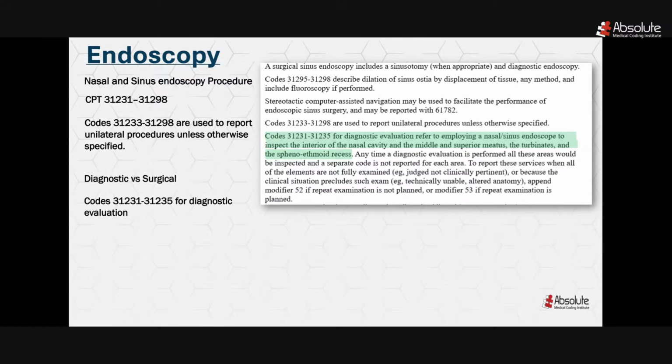That includes your nasal cavity, your middle and superior meatus, your turbinates, the sphenoethmoid recess, and here is the key CPT rule. When the diagnostic evaluation is performed, all of these areas are considered included, and you do not need to report a separate code for each structure examined.